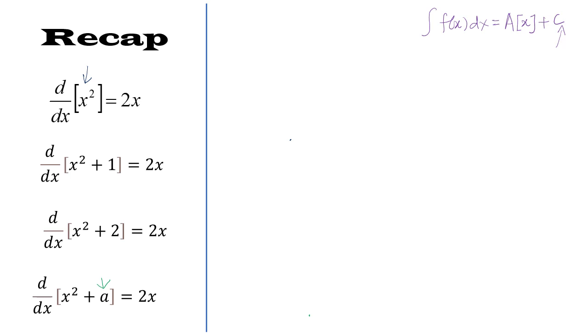So what we're going to do next is show you how we can actually derive the formula, the formula for how we go about integrating a function. Let's look at the first example.